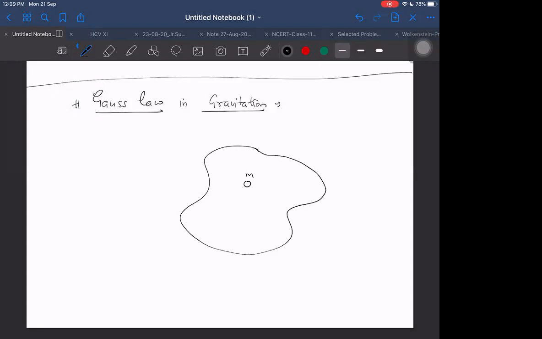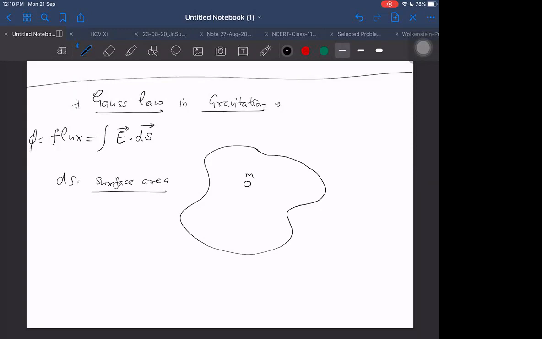What is the meaning of flux first of all? Gravitational field flux is the number of field lines passing through an area, E dot dA, where dA is the surface area. E dot ds, that is flux. We represent it by phi also.